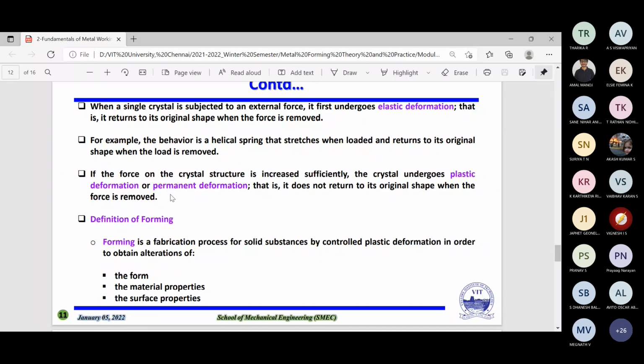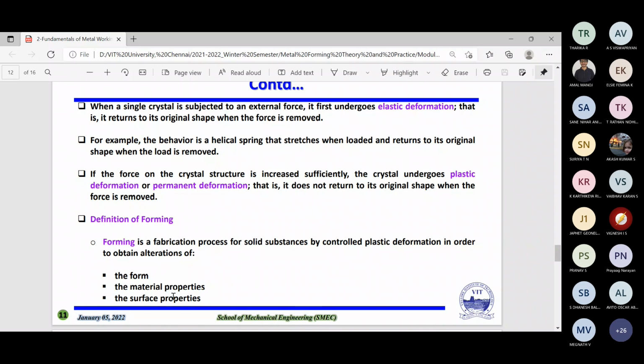In other words, forming, as I told in the previous slide, is a fabrication process for solid substances by controlled plastic deformation, because every time you have to control the parameters and optimize them. The solid substance is shaped by controlled plastic deformation in order to obtain the proper form, whatever the customer demands. Then you have to check the material property, then the surface property.